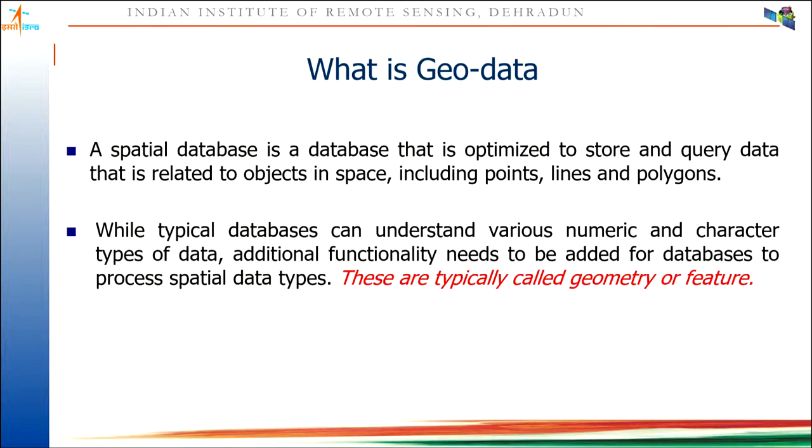Typical databases can understand various numeric and character types of data. For example, take MySQL, Oracle, or MS SQL Server. There we have standard data types like numbers, integers, characters, varchar, varchar2, or date, time, blob, clob in Oracle.